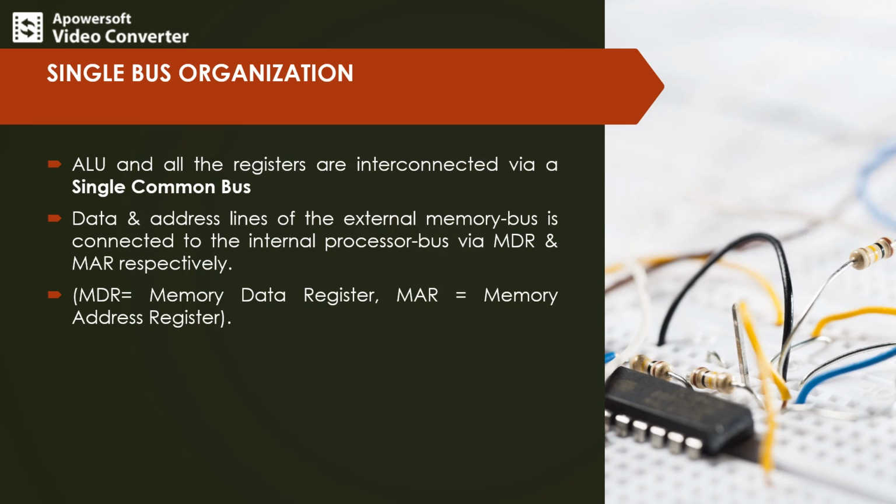Single bus organization: the arithmetic and logic unit and all the registers are interconnected via a single common bus. In order to know how operations can be implemented, we need to know the internal structure of the processor. The various functional blocks of the CPU can be organized and interconnected in a variety of ways. The simple organization is one in which the arithmetic and logic unit and all the registers are connected using a single bus.